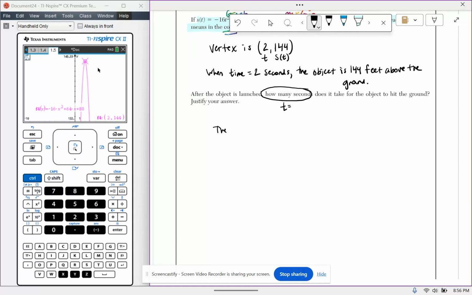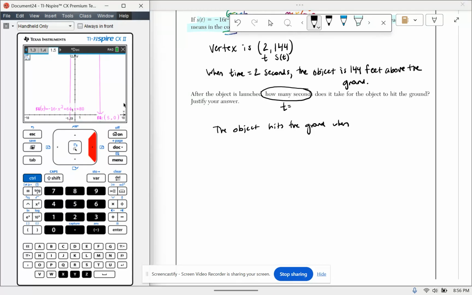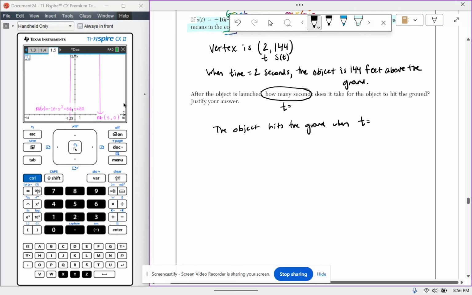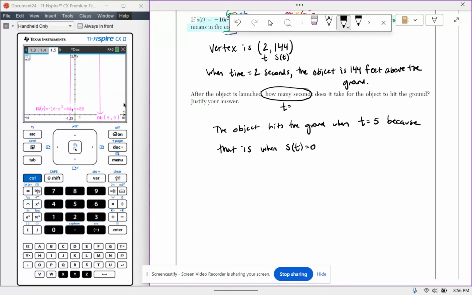Okay, so the object hits the ground when t equals 5, because that is when s of t equals 0, aka the height of the object is 0.